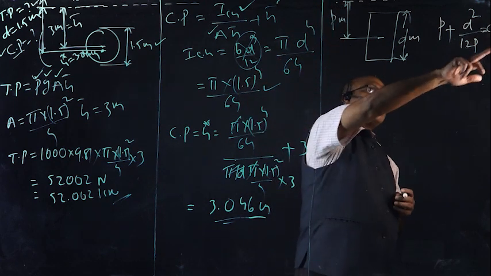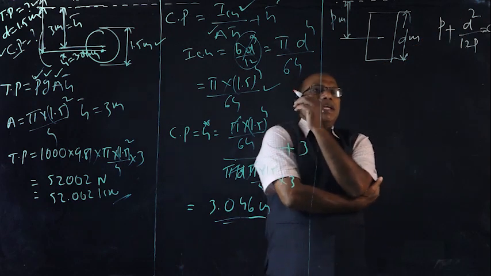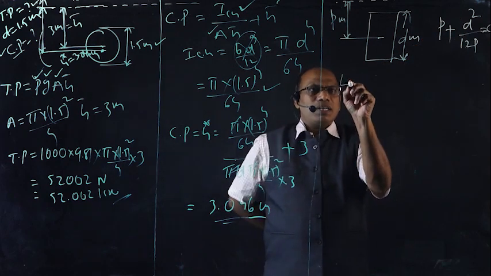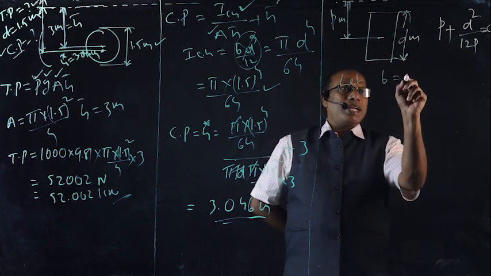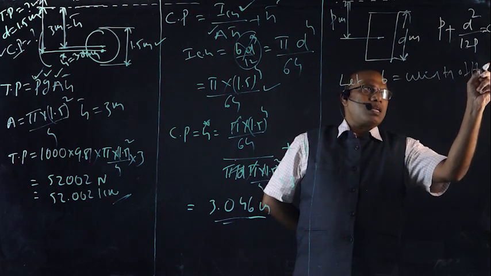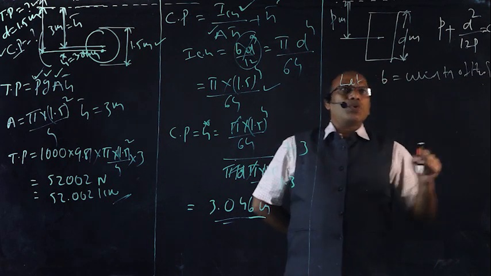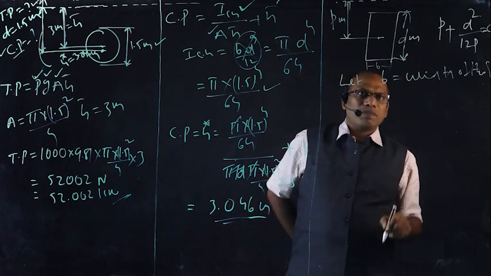Prove the center of pressure is equal to p plus d square by 12p. Let b be the width of the sluice. That means this is b.